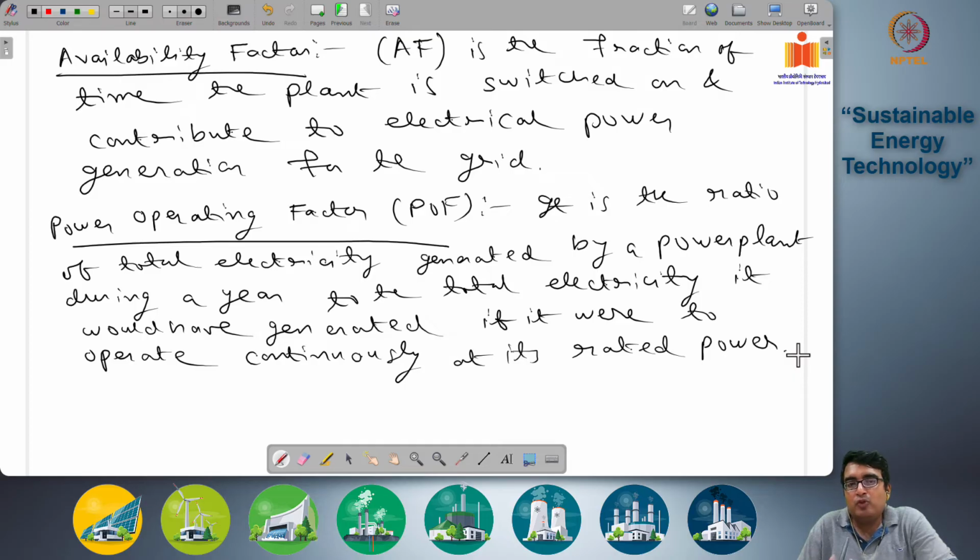So it's a ratio of the total electricity that is actually generated by the power plant to the total electricity it would have generated if it were operating continuously at its rated power output.